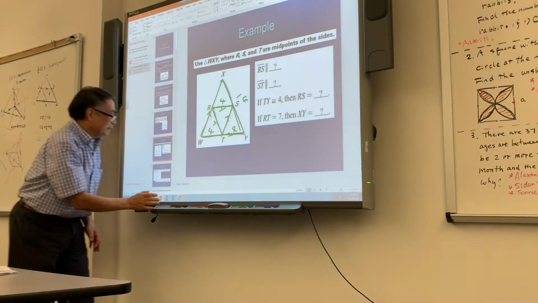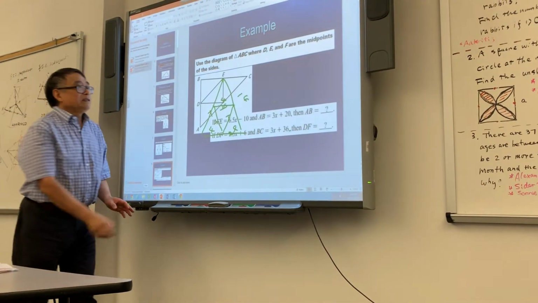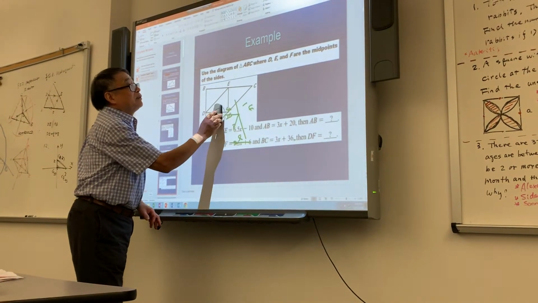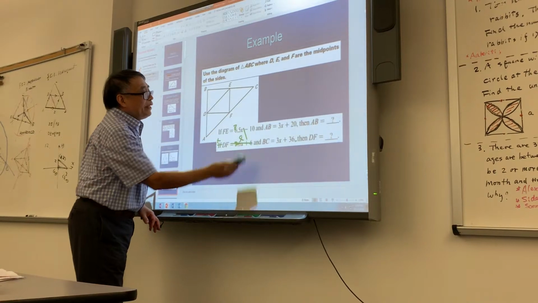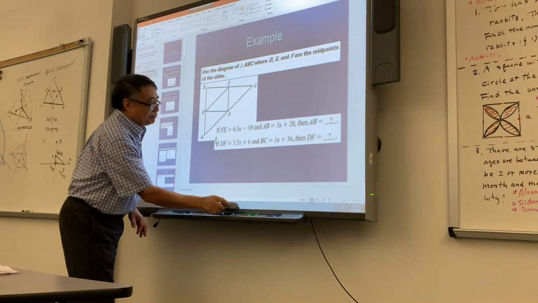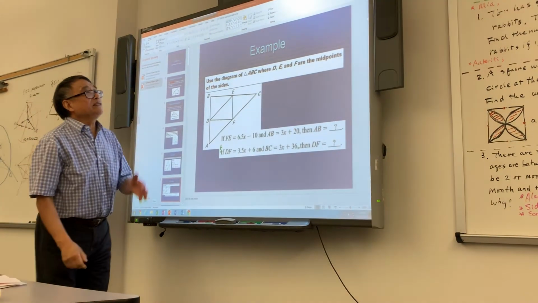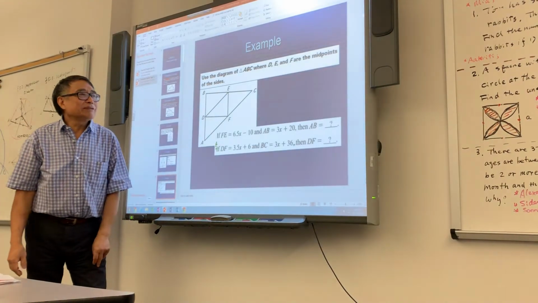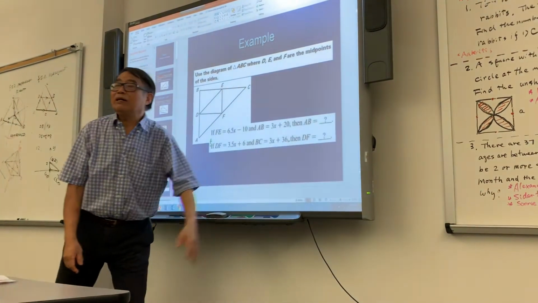Good. Now, a question like this. DEF is a midsegment. Solve for x. Use the diagram to find x, then find AB or DF.